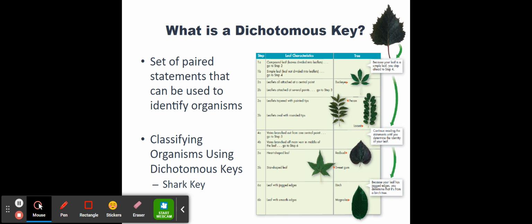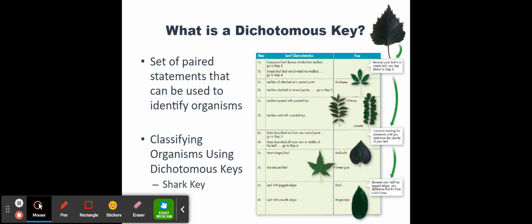So organisms can be defined by their name, by their formal binomial name, or by their taxonomy. How we figure out which particular organism or which species we're talking about is we can use what's called a dichotomous key.